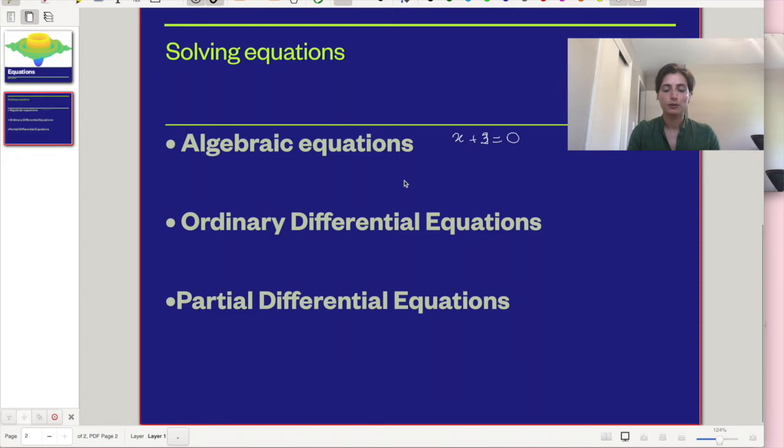They're all equations that we have been looking at since pretty much elementary school. We can solve things like x squared plus 4x minus 3 equal to 0. I expect you to be fairly comfortable with algebraic equations as far as possible.